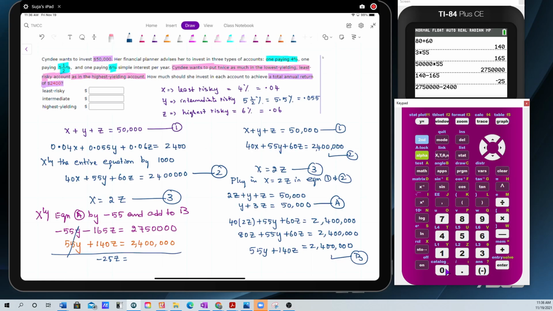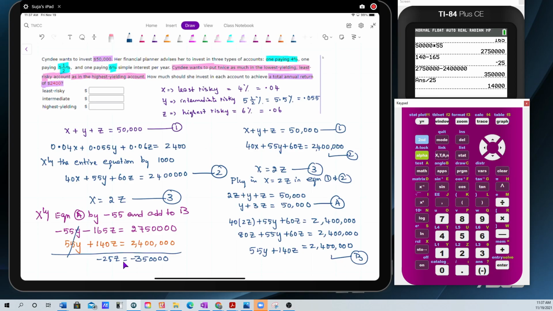No, right, okay. So it's negative 35. So to find Z, I'm going to divide this by 25. So my Z is going to be $14,000.